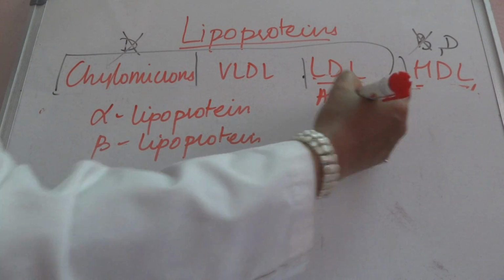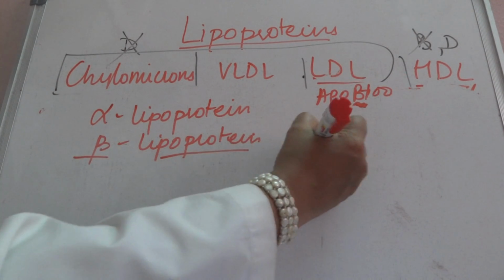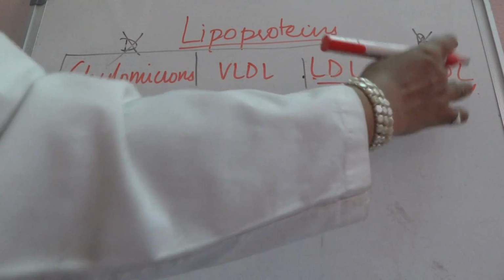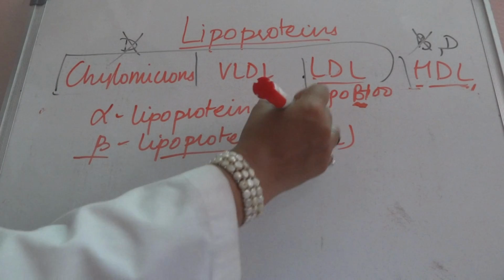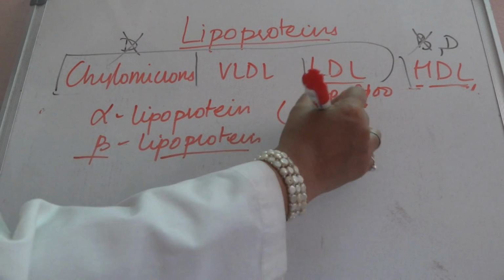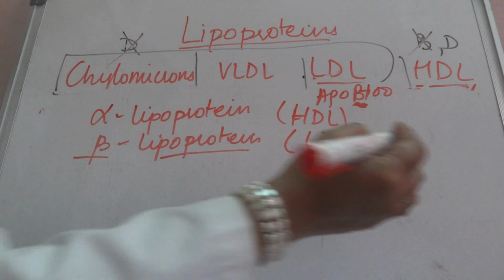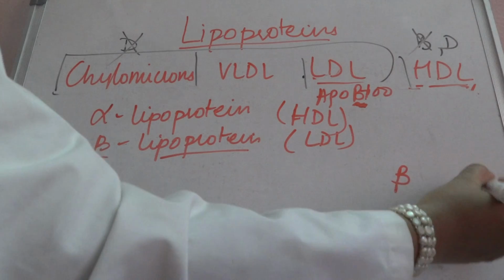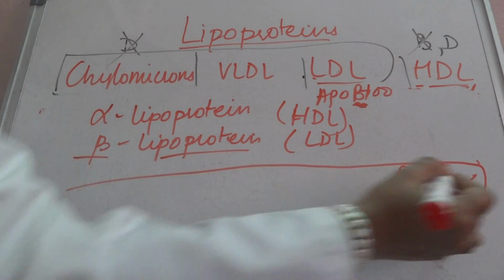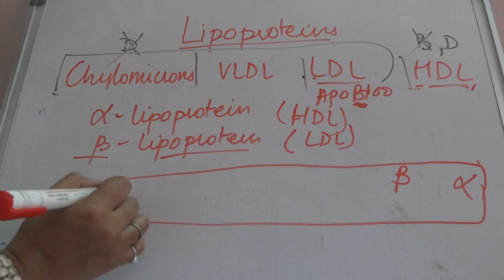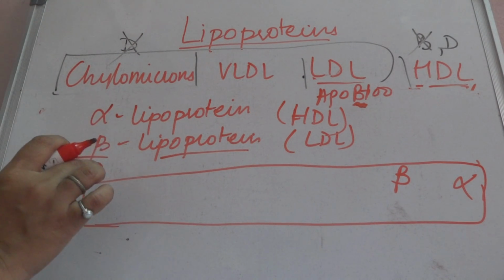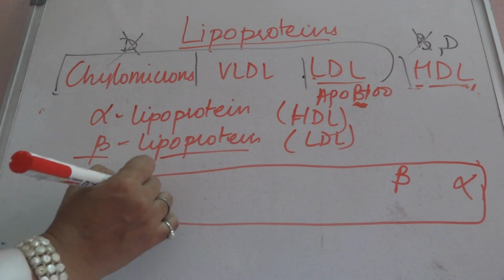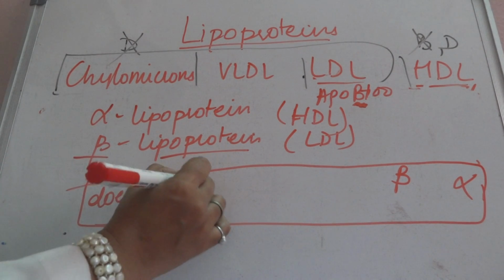Because LDL has only apoB100, it is beta lipoprotein, and because HDL has no apoB, it is alpha lipoprotein. This is the way that it is alpha, beta. And chylomicron does not migrate electrophoretically.